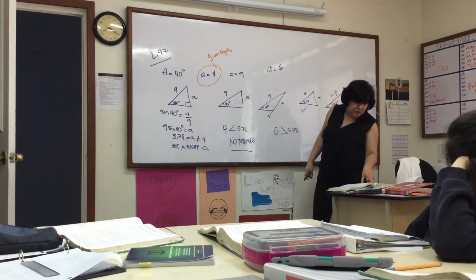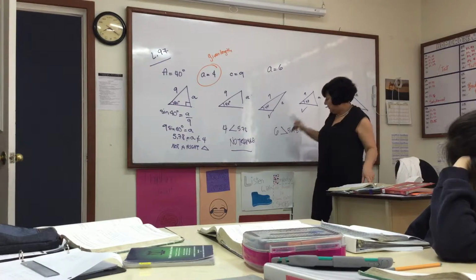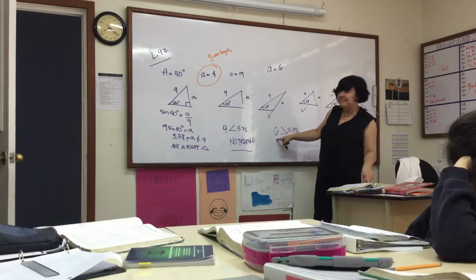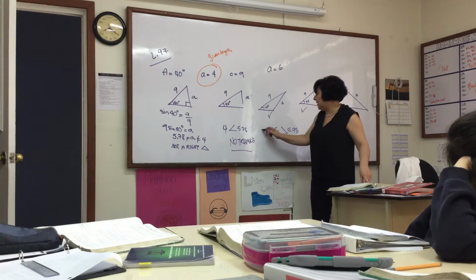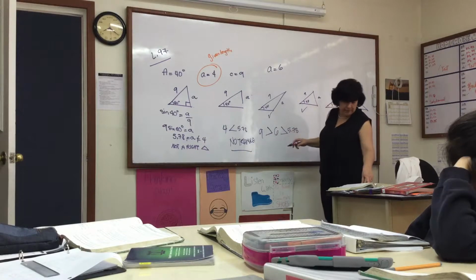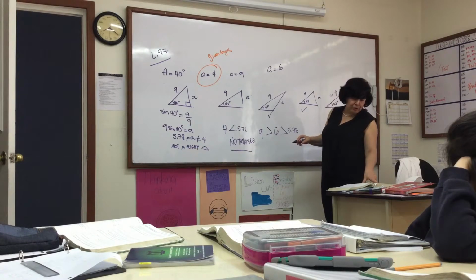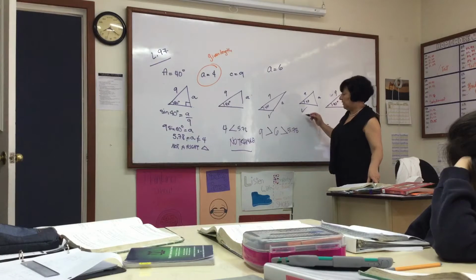If the given length A is greater than H, which is this case, but less than 9, which is this case, I wrote it the wrong way, but get it. Two different triangles are possible, this one and this one.